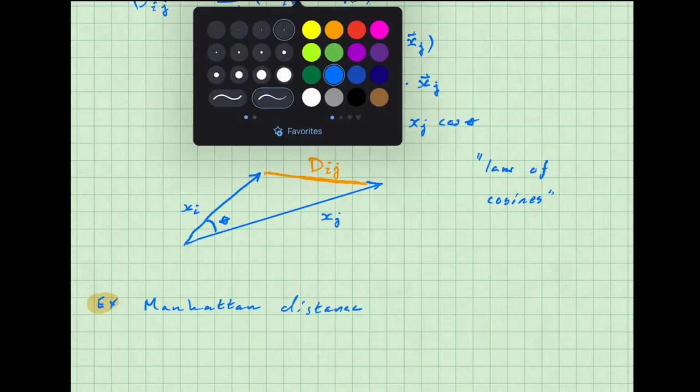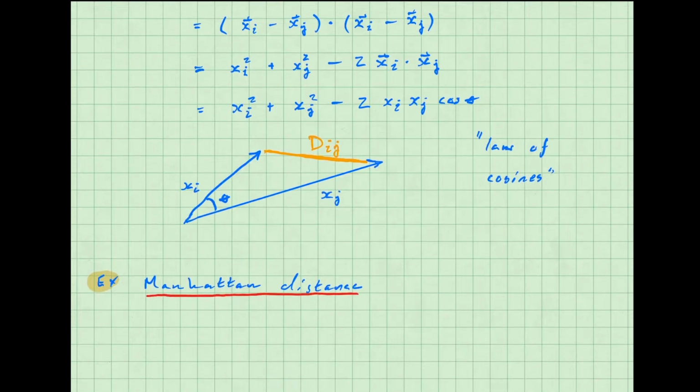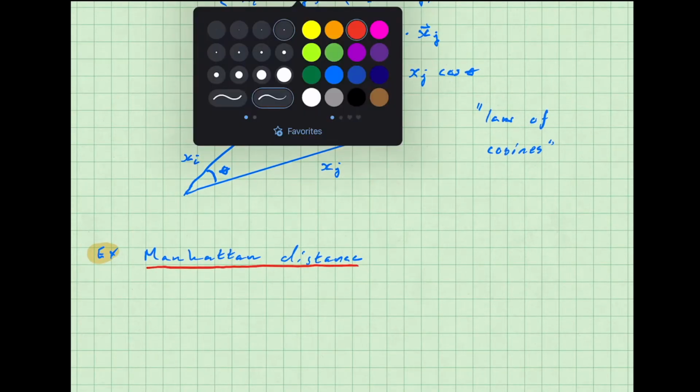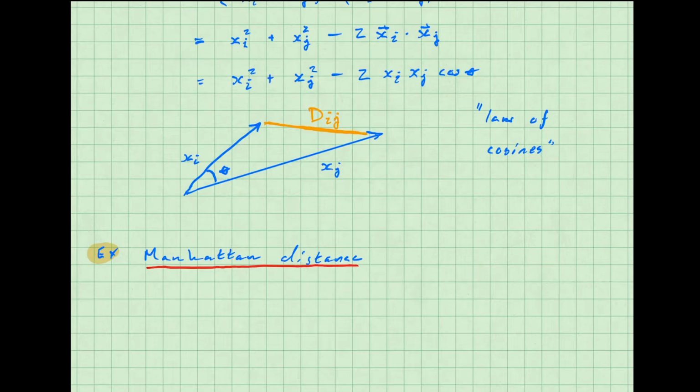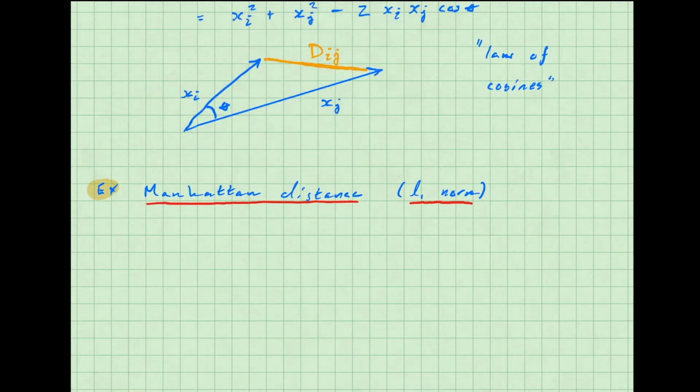And I'll underline this one in red because I'm going to draw an example of it where the Manhattan distance is in red. And it's also sometimes called the L1 norm. Put that in red again, too. And the formula for it is straightforward. The geometric picture is also pretty straightforward, I think.